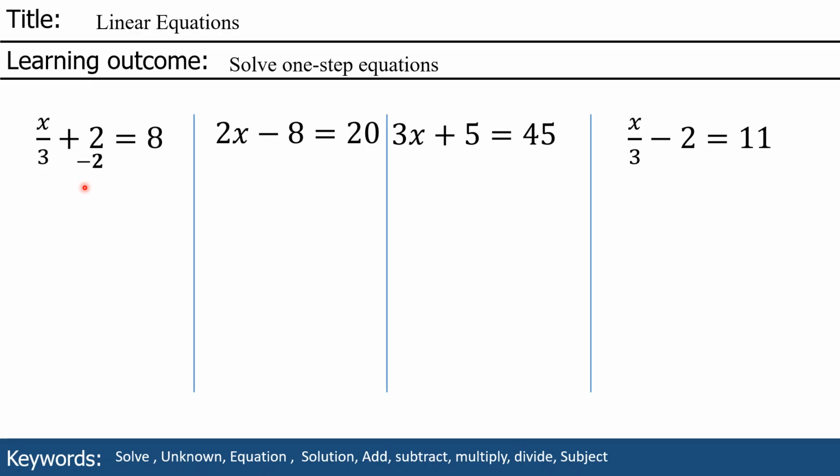So we subtract 2 from both sides of the equation. On the left hand side of the equation, we subtract 2, and on the right hand side of the equation, we subtract 2 as well. And this is to ensure that your equation remains balanced.